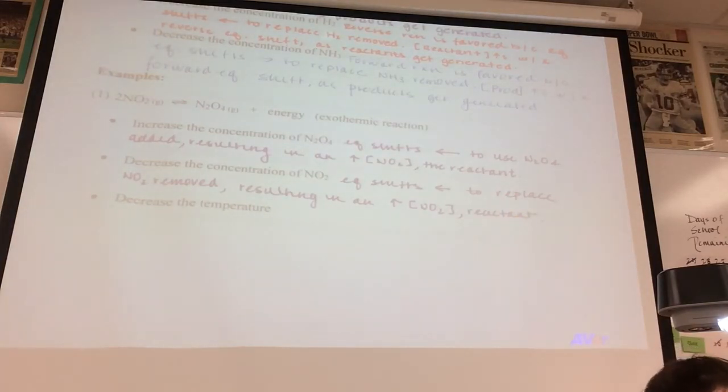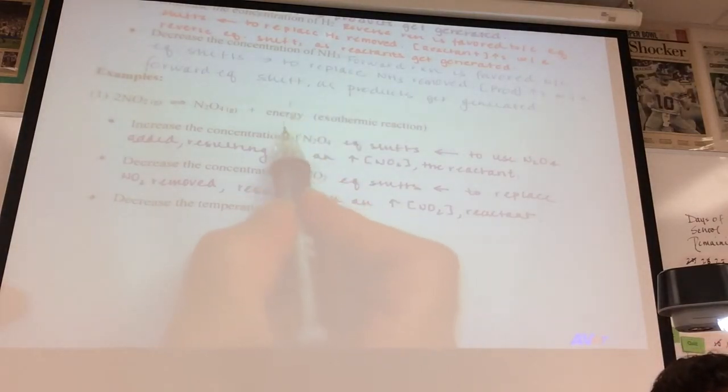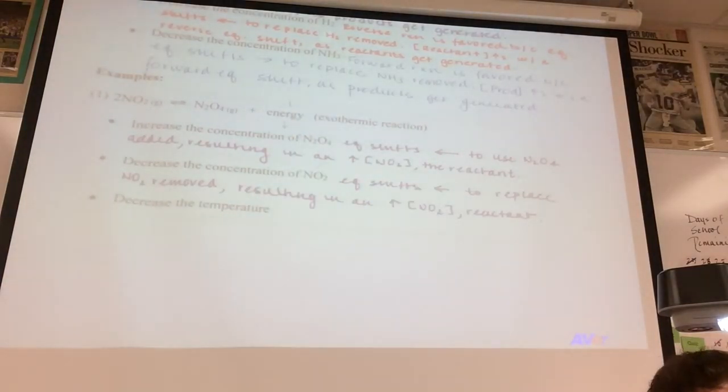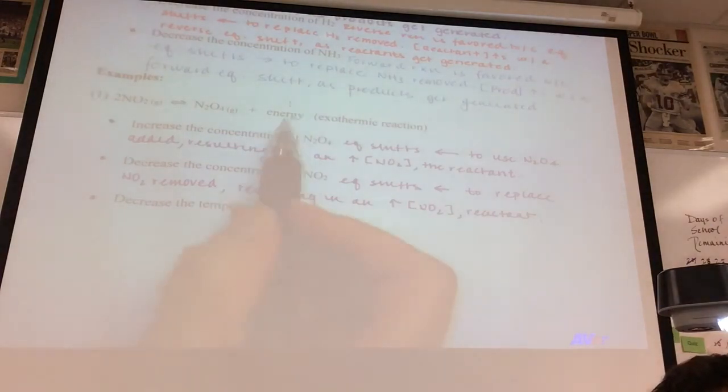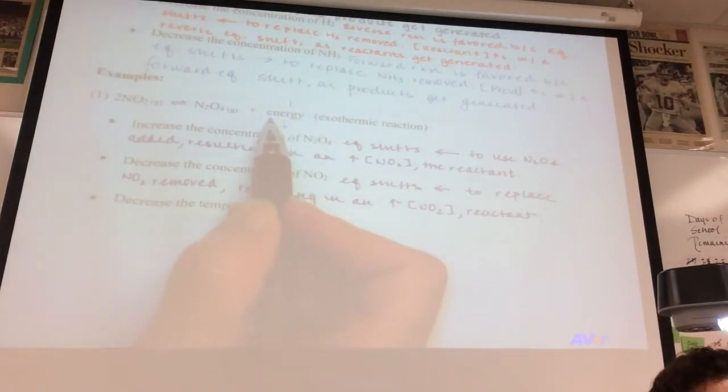Here's the temperature piece. If I decrease the temperature, equilibrium will shift in which direction? Be careful here. I'm decreasing temperature. Temperature's on the right. When I decrease, do I shift toward it or away? Toward. Decrease toward. Increase away. Vowel, vowel. Increase away.